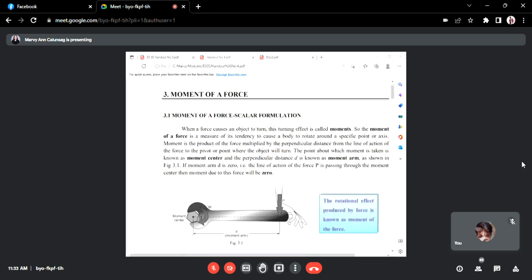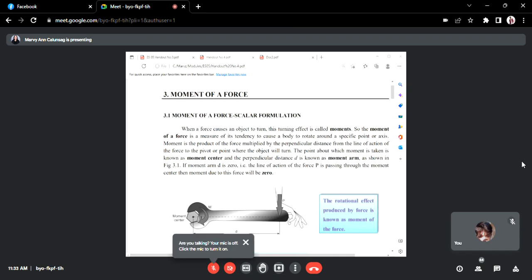So that is na siya tendency to rotate about a certain point or a certain axis. So that is the moment. Moment is the product.